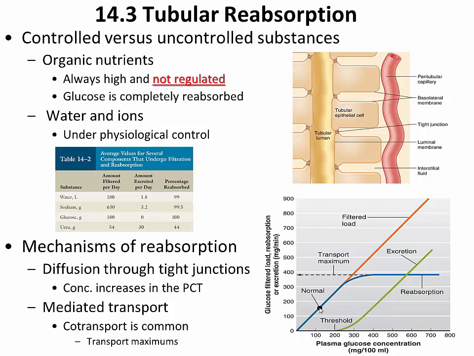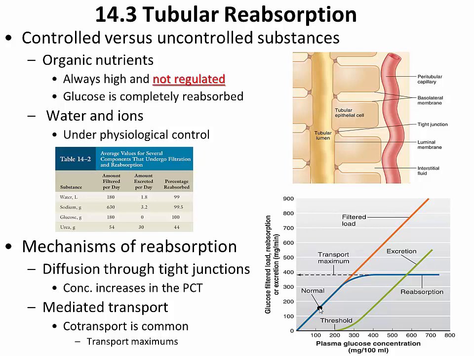The normal levels of glucose in the blood are well below the transport maximum, and the green line represents glucose that's excreted, therefore glucose that appears in the urine. So there is no glucose found in the urine at normal plasma glucose levels.